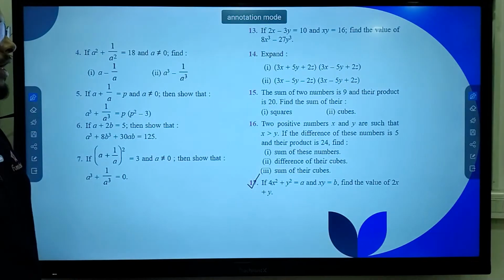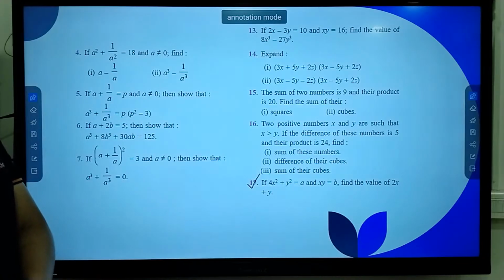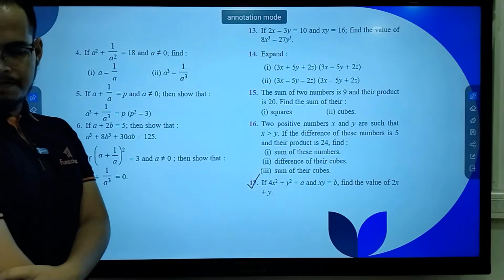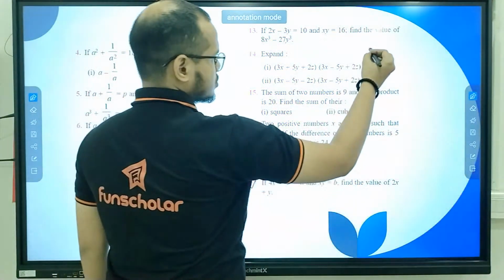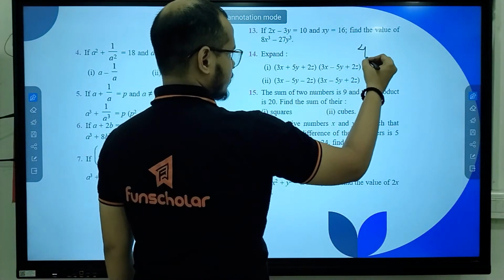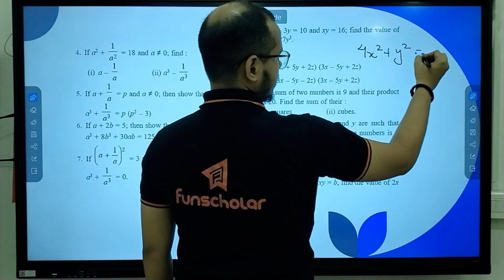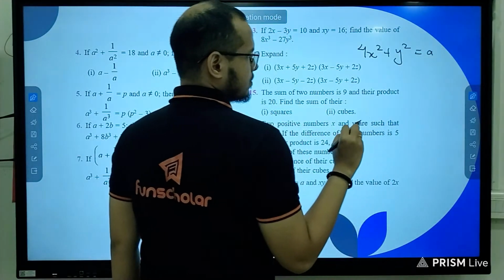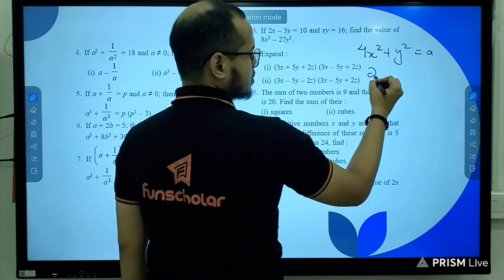If 4x² + y² is equal to a and xy is equal to b, find the value of 2x + y. Okay, this is what is written here. So let's figure it out. 4x² + y² is given as a. First thing, can you see that this entirety is a perfect square portion?